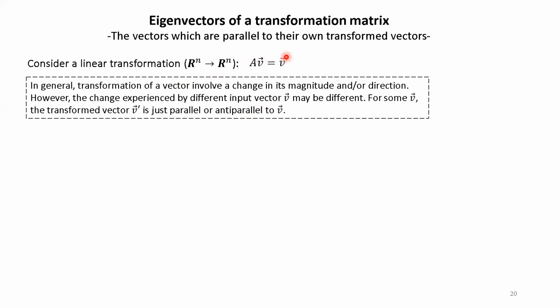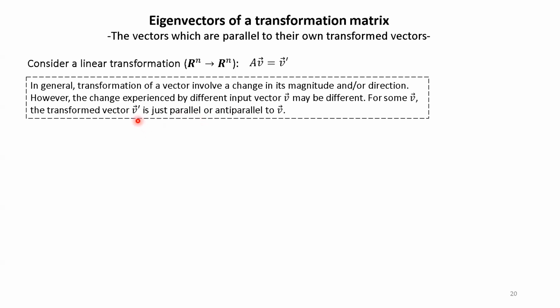As I mentioned already, the transformation of a vector would involve a change in magnitude and or direction. In general, both can change. And the change experienced by different input vectors are different, just like the example I showed you. For some V, the transformed vector V prime is just parallel or anti-parallel to V. What it means is that it stays in the same direction.